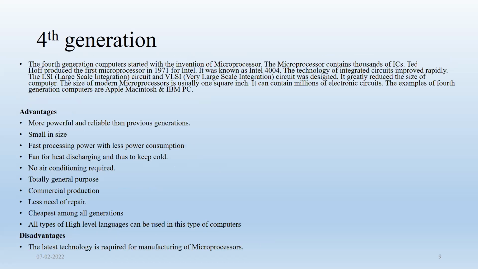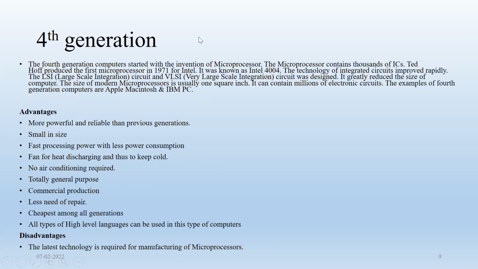Fourth generation computers started with the invention of the microprocessor. A single IC contained thousands of transistors, and a single microprocessor contained thousands of ICs. Now you can estimate the relation between microprocessor and transistor.